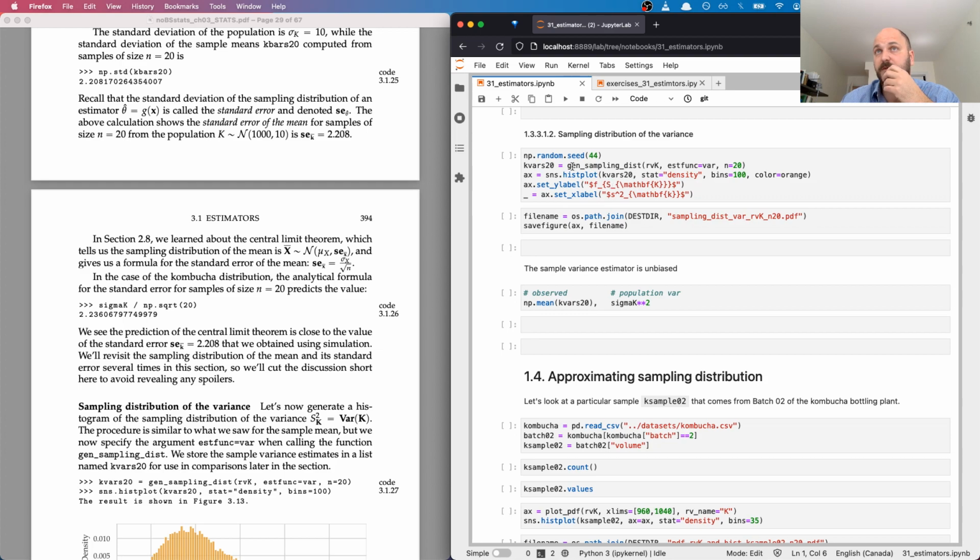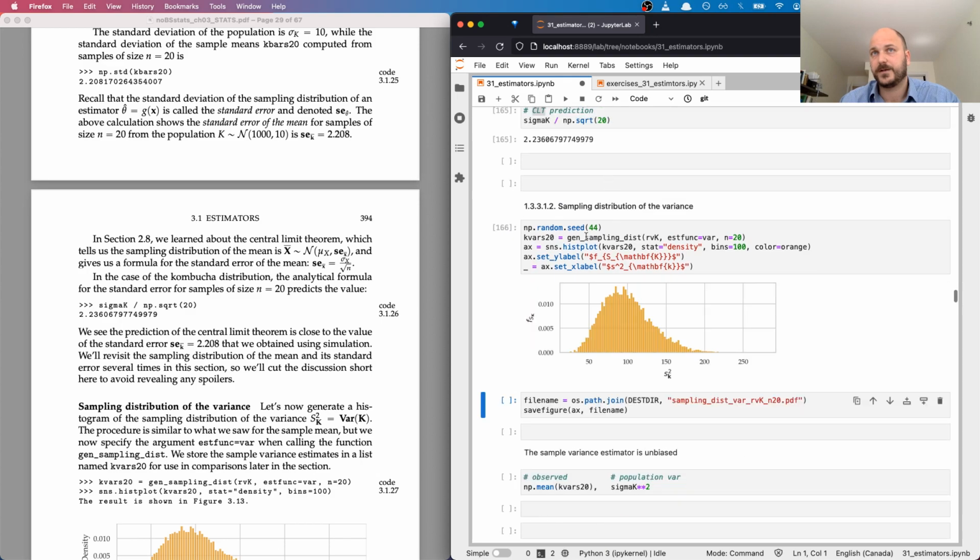Now, the same exact thing, but now we use the variance as the estimate. Okay, so we generated 10,000 samples from the kombucha population, computed the variance from each sample, and this is what you get.